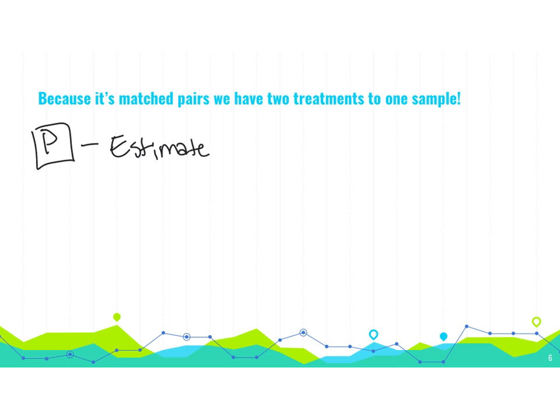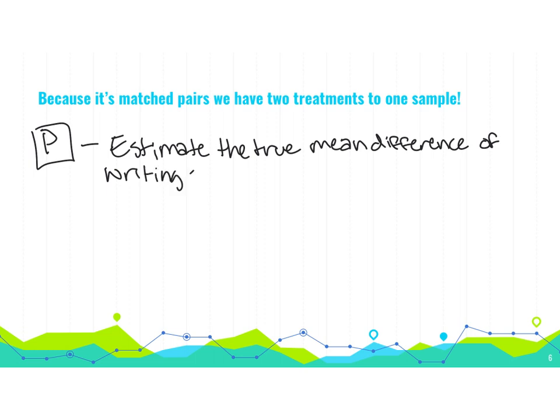For the P in PANIC, we estimate the true mean difference of writing times of non-dominant versus dominant hands when tasked with writing their first and last name.